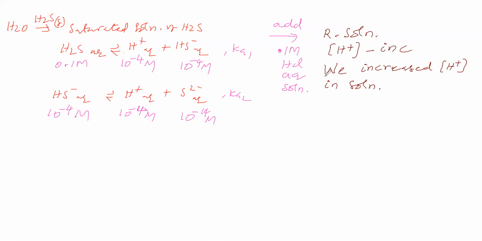That means we gave disturbance to the solution. Did we give disturbance to the equilibrium, or have we not given any disturbance? Think about it. Have we given any disturbance or any stress to the system?